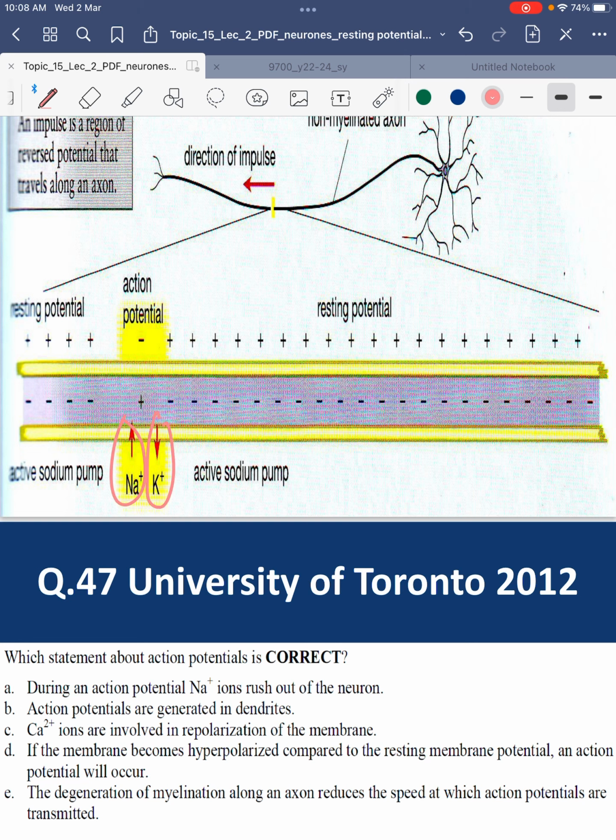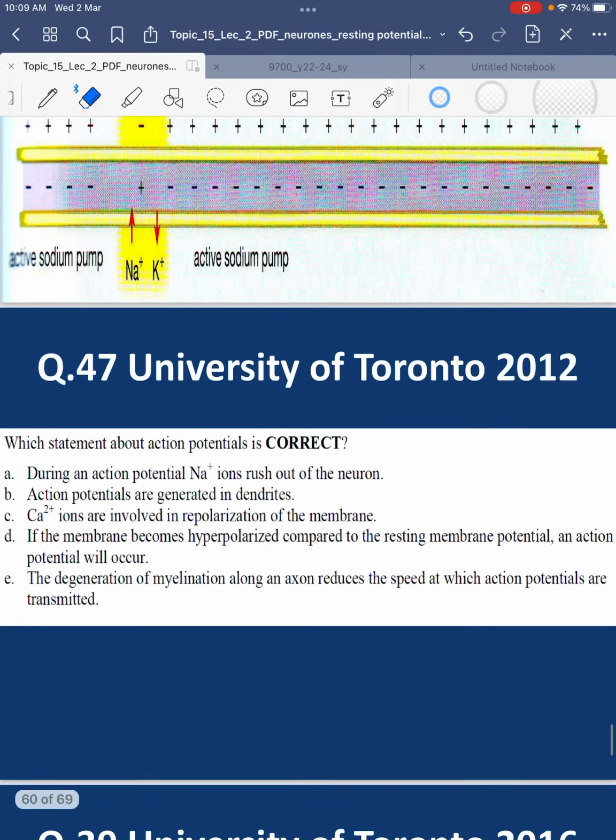These two areas here. Okay, so this is a bit misleading, but let me rephrase. In order to make the inside positive, sodium must enter and the potassium channels must close, because you want to make the inside more positive ions.